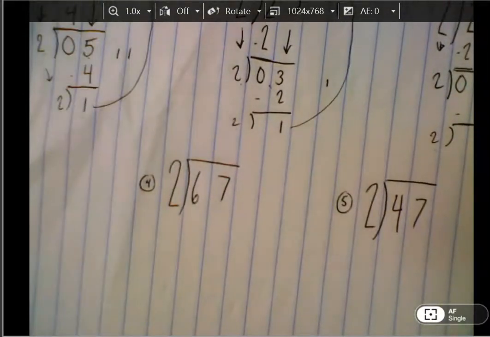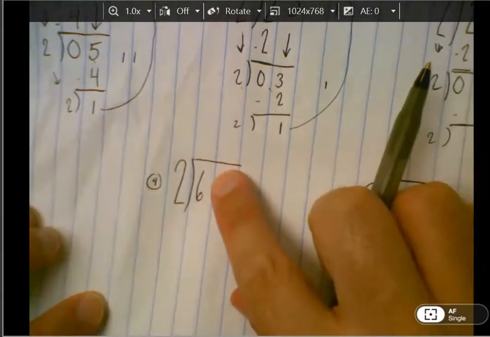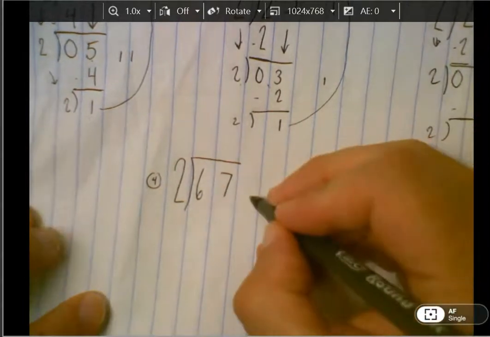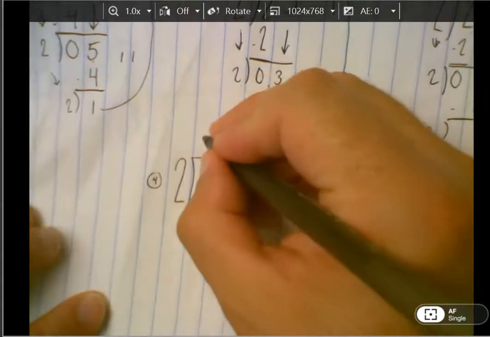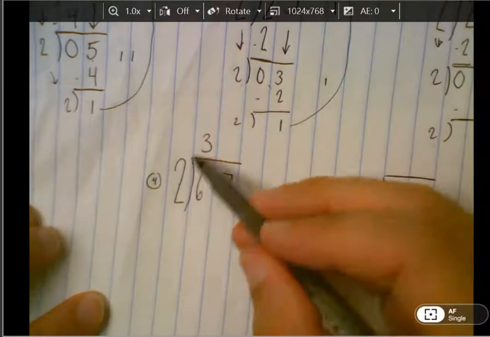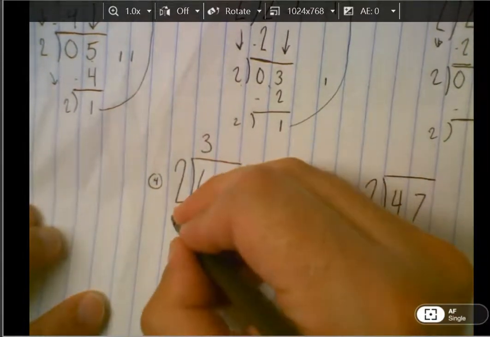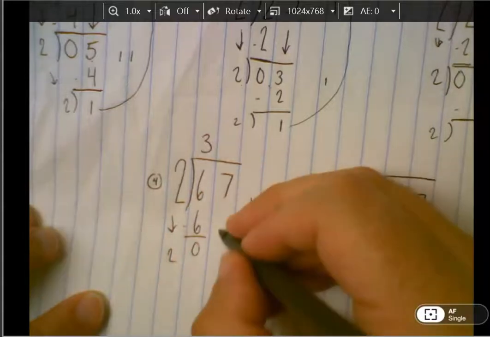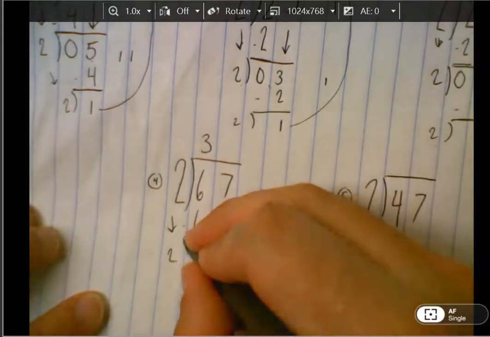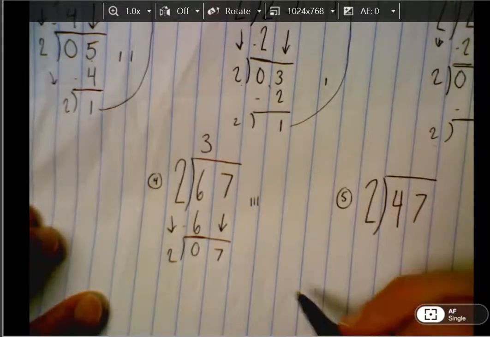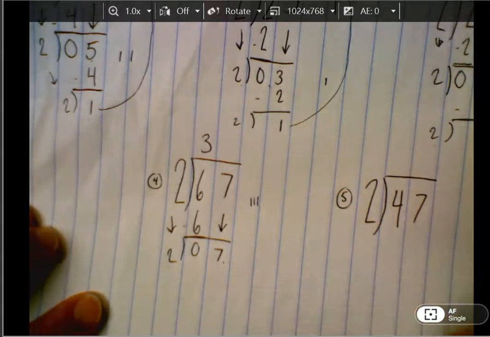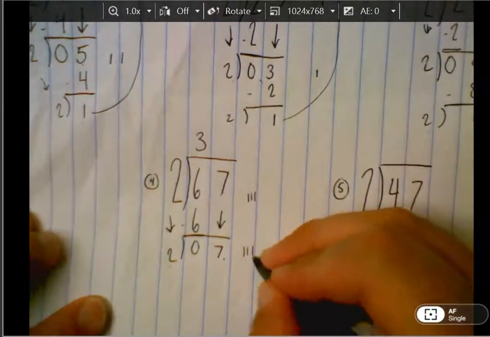Let's take a look at the last two. 2 into 67. Can I break that 6 by 2? 2, 4, 6. I can. 3 times. 2 times 3 is 6. Subtract, you're left with 0. Bring down your 2. Bring down your 7. And repeat, because the 7 is greater than your divisor of 2. 2, 4, 6.